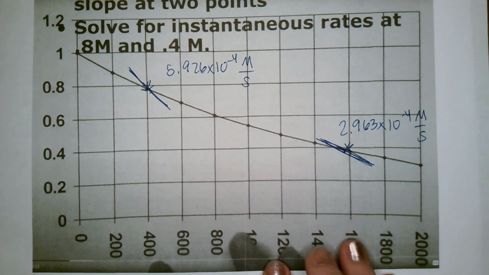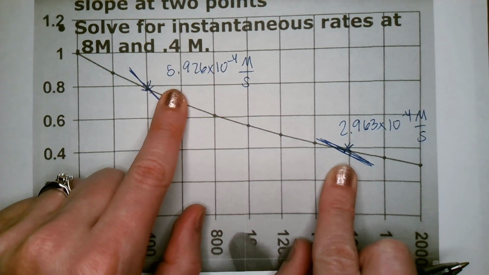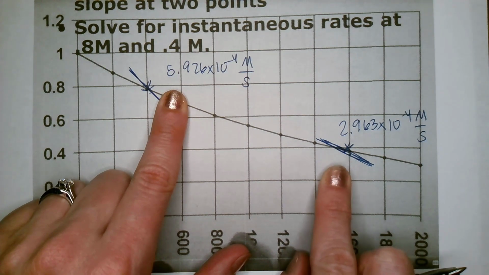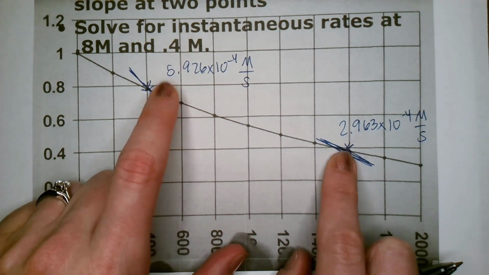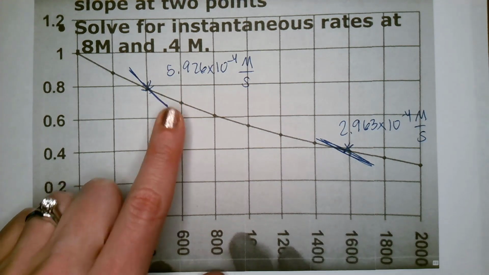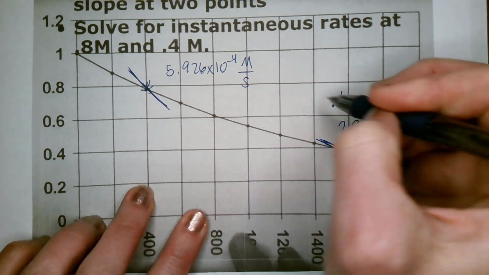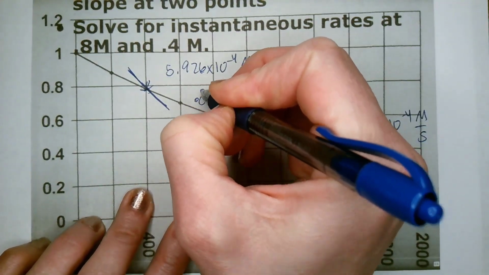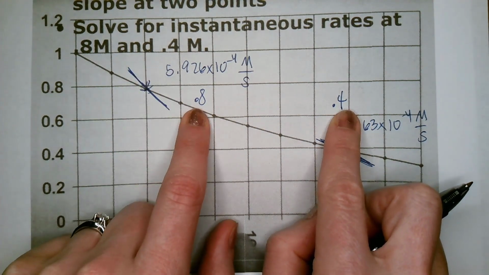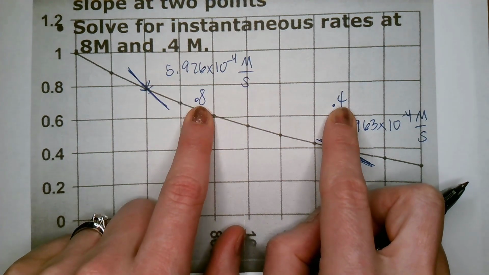So if we stand back and say, how did the rate become affected by changing the concentration? In my head, if I were trying to compare these two numbers, I want to look like this. Remember, this concentration is at 0.4, and this concentration is at 0.8. So 0.4 to 0.8 is doubling.